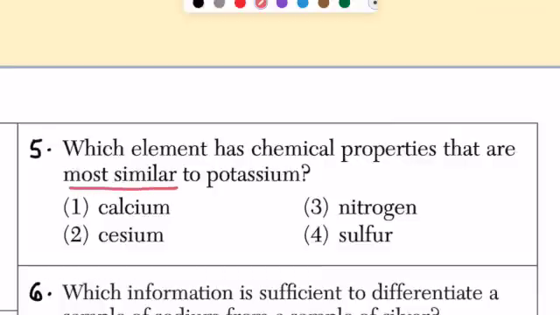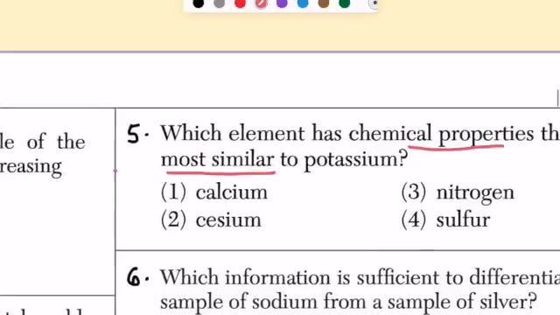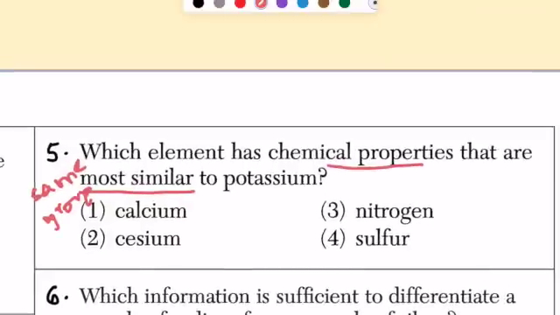The basic thing that you need to remember is that if elements are in the same group, they are going to have similar properties. So we are looking for something that is in the same group as potassium. So calcium is not in the same group, it's in group 2. Potassium is in group 1.